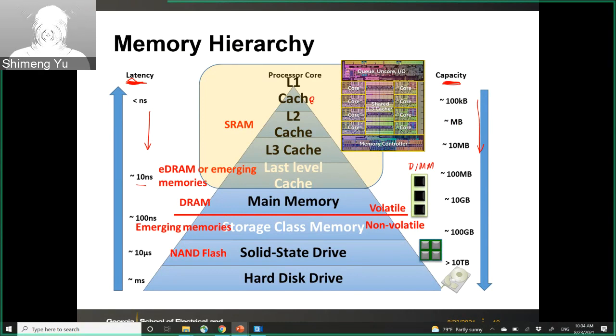You can insert the DIMM into the motherboard of your system. Those are the DRAM chips, and the DRAM latency is tens of nanoseconds, like 30 or 40 nanoseconds. And as for the capacity of DRAM today, you can look at the specs of your processor, right? It's about 8 gigabytes, 16 gigabytes, and so on.